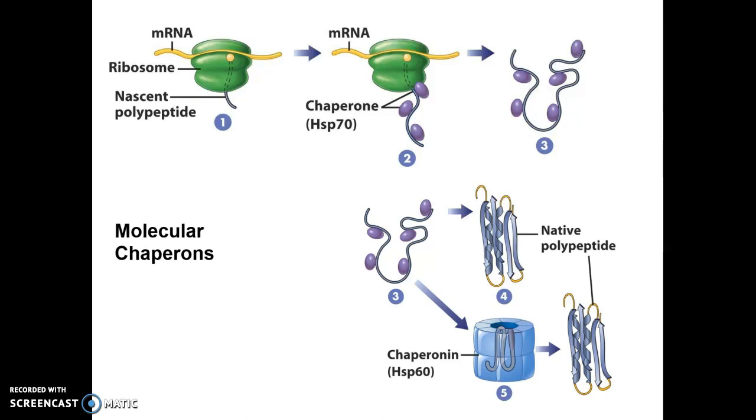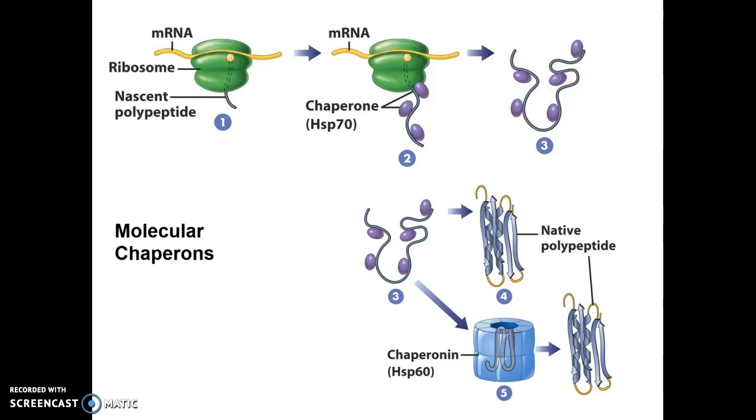So the HSP60 is kind of like a little can that has inside of it a microchemical environment that is more conducive to the protein folding up. Less water and an oxidizing environment instead of a reducing environment.